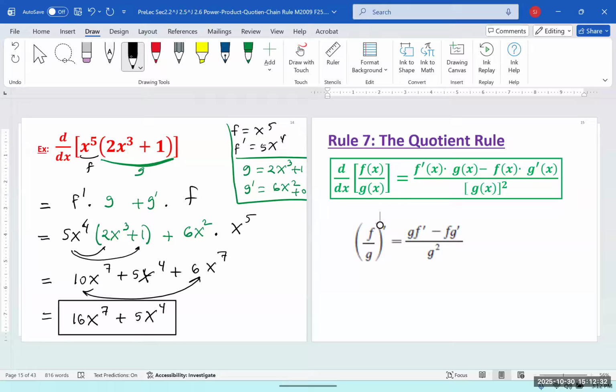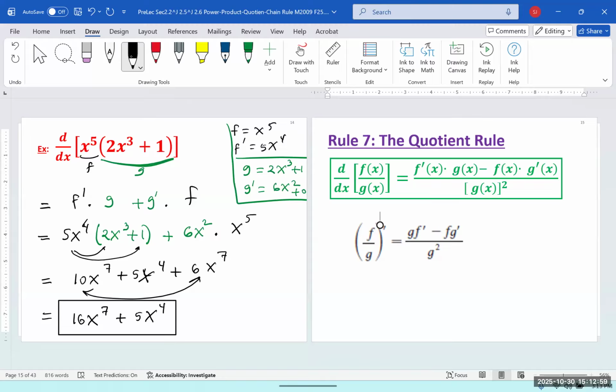So product rule was F prime G plus G prime F. This is almost the same, but the difference is it's not plus, it's minus. And then the second difference is once you have the product rule on the top, you divide by the denominator function squared, not the derivative, only the function squared.